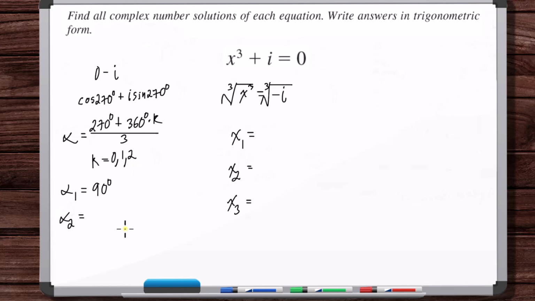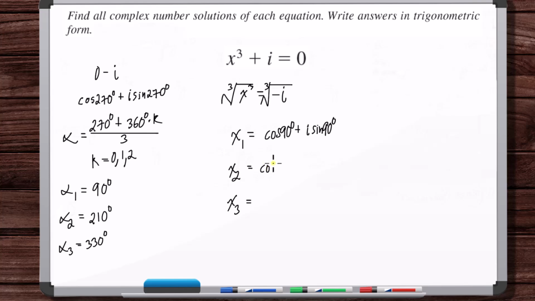We still have a root 3 here. In the upcoming problems, we'll finally get away from just doing root 3 every time. So this is going to be 210, and then this is going to be 330. So we've got cosine 90 plus I sine 90.